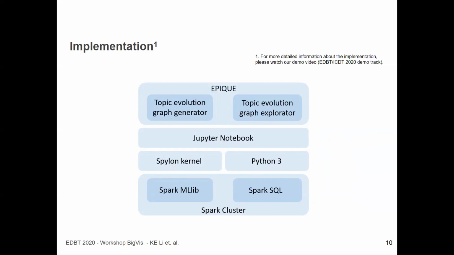The evolution graph generation is implemented in Scala and executed through the Spylearn kernel. Evolution graph exploration uses standard Python kernel, to take advantage of advanced Python 3 graphical user interface libraries for facilitating user interaction. For more detailed information about the implementation, please watch our demo video, which will be available in the demo track of EDBT and ICDT 2020 Joint Conference.